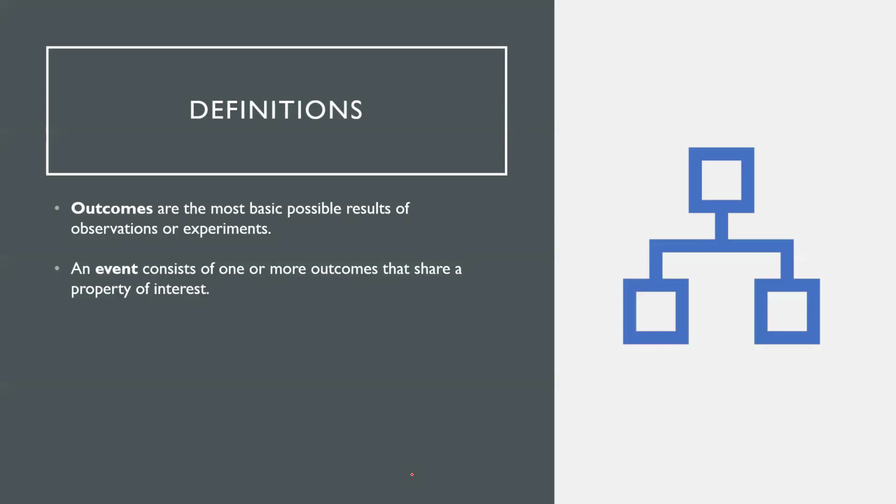The event is what you're interested in. This has one or more outcomes that share the property of interest. So how we say it is, it's what you're interested in, what the question is asking. On a 6-sided die, I would have outcomes of 1, 2, 3, 4, 5, or 6.